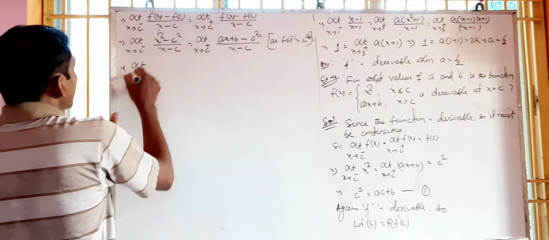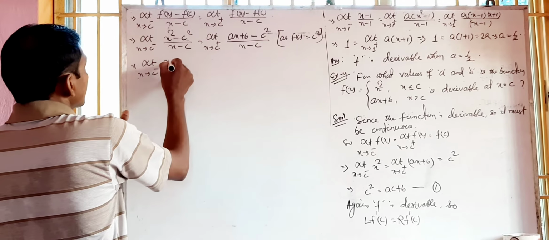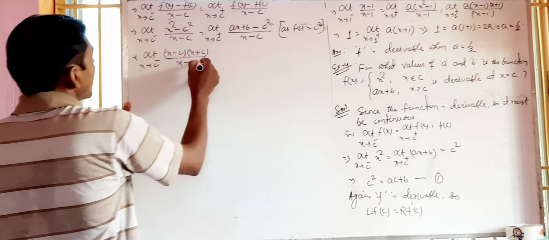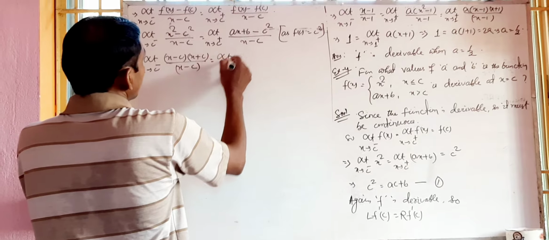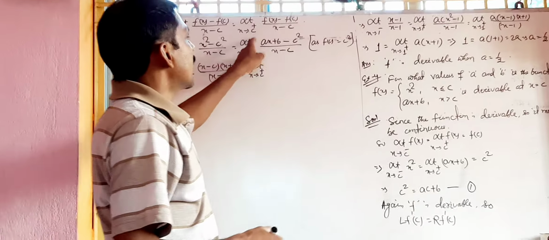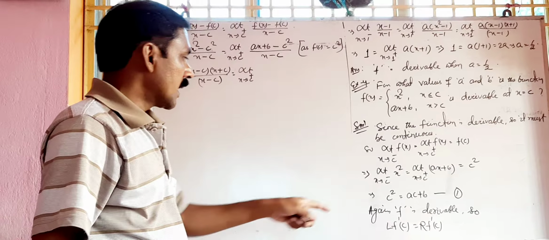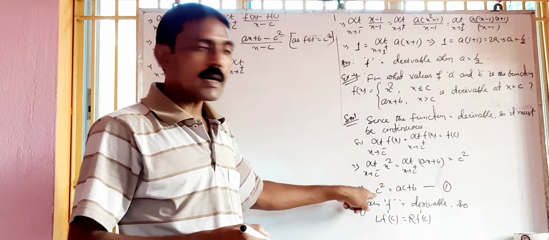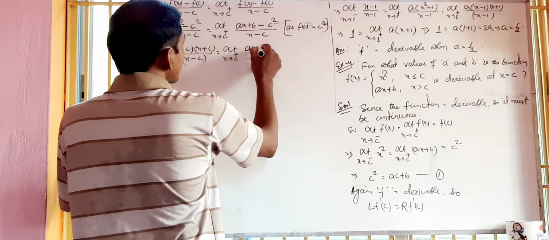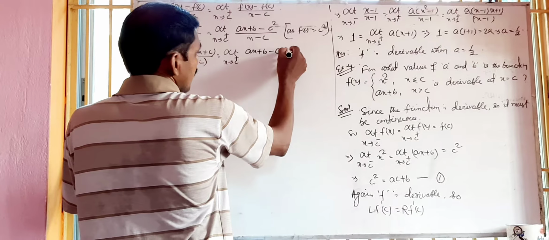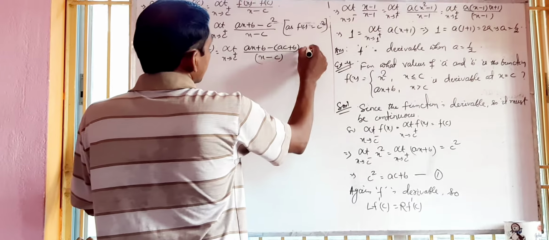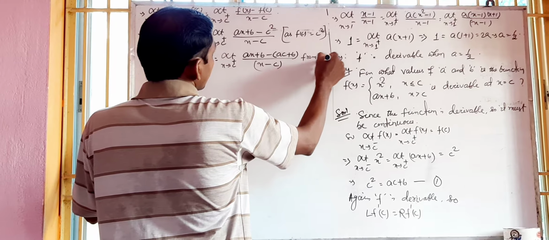This implies limit x tends to c minus of x minus c into x plus c by x minus c equals limit x tends to c plus of ax plus b minus c square. Now here you see c square is ac plus b, so we put this in. So it is ax plus b minus ac plus b, all divided by x minus c. You can write it from 1.